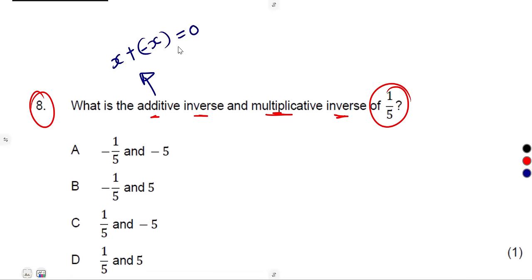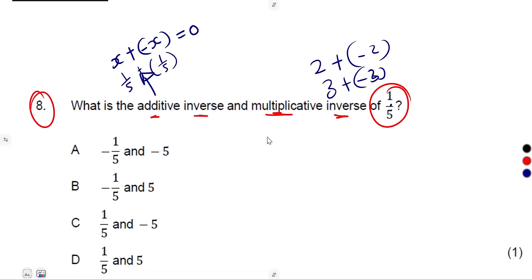So the additive gives us a 0 if we add 2 to its negative value minus 2, 3 to its negative value minus 3. If I'm given 1 over 5, I'm supposed to add the same 1 over 5 with a negative.